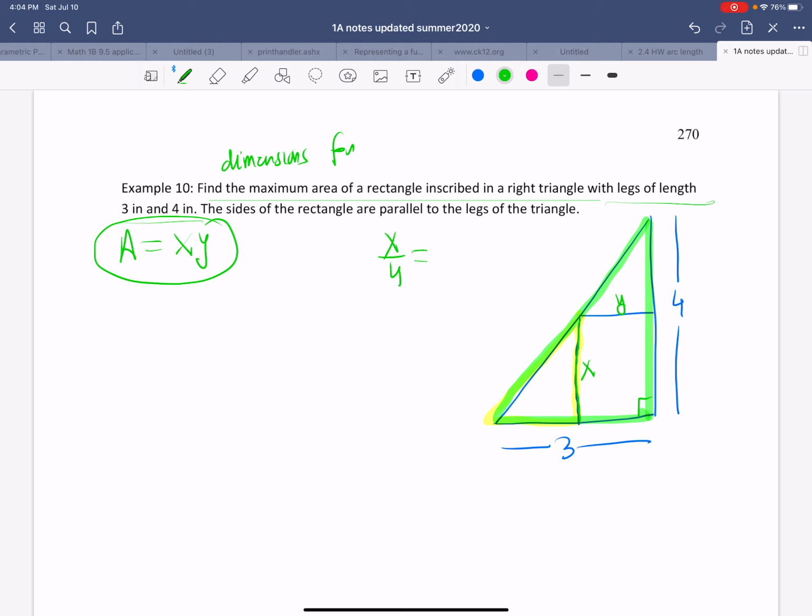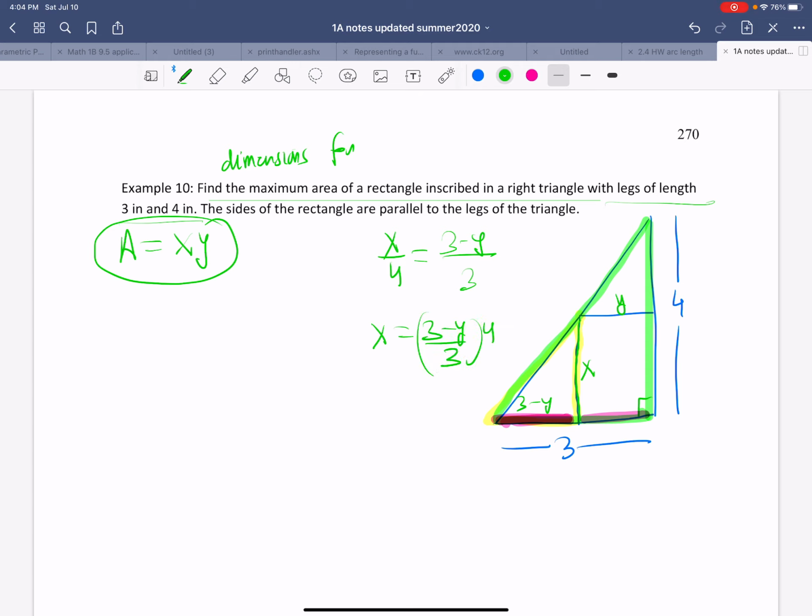So x over 4 is equal to this side of the smaller triangle, which is going to be, if this is y, that would be 3 minus y. This piece would be 3 minus y if the entire thing is 3 and a piece of it is y. So that would be 3 minus y over the side of the larger triangle, 3. We can say x is equal to (3 minus y) over 3 times 4.